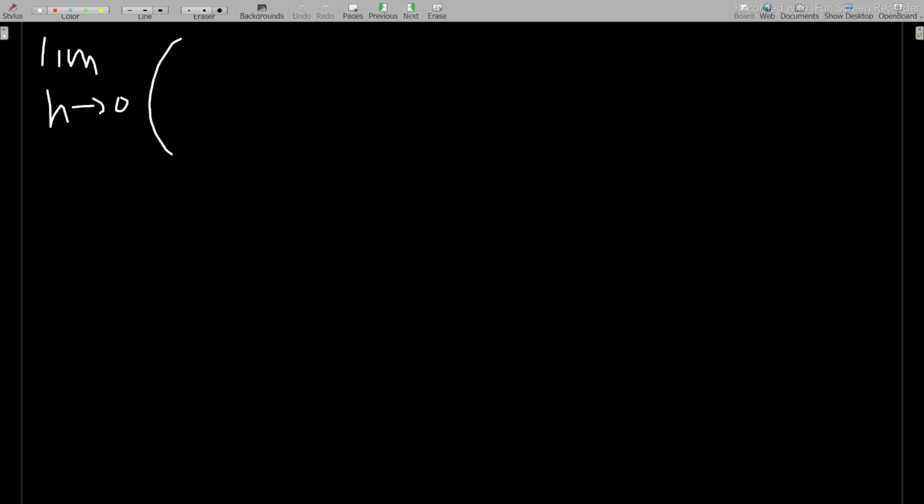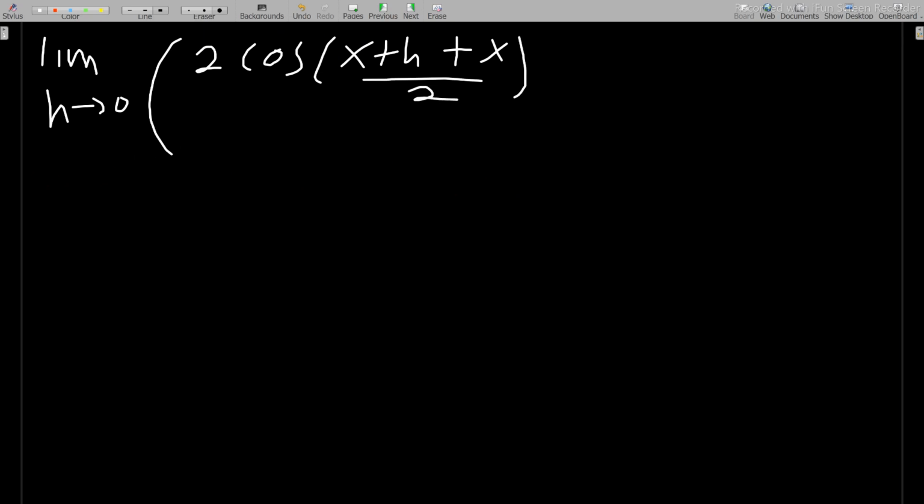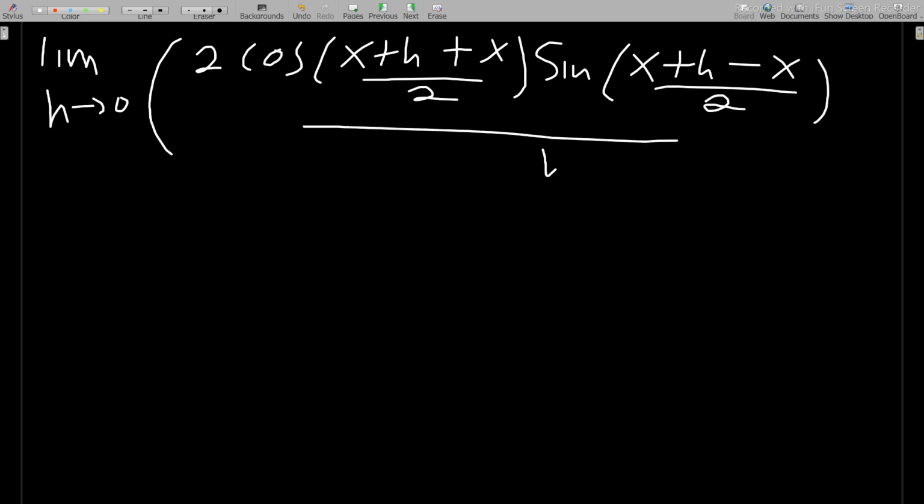So we put it here: 2 cos of (p plus q) over 2, where p is x plus h and q is x, then sine of (p minus q) over 2, which is (x plus h minus x) over 2, all of these over h.